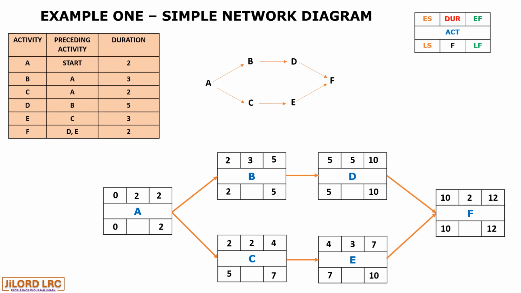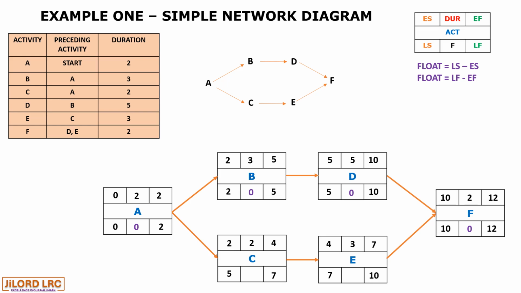So for activity A, 0 minus 0 gives us 0. Activity B and D would have 0, and activity F will also have 0. Activity C and E will have 3 apiece.